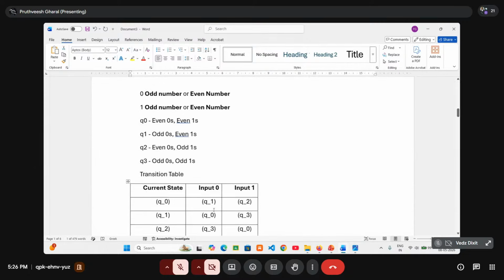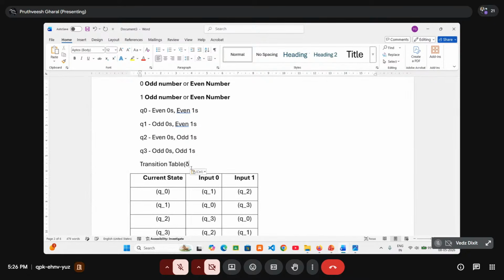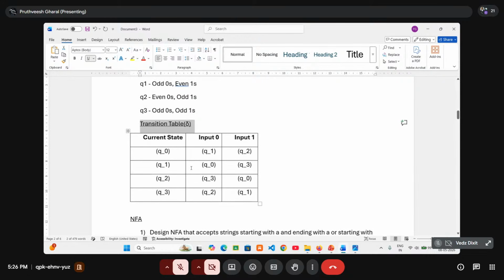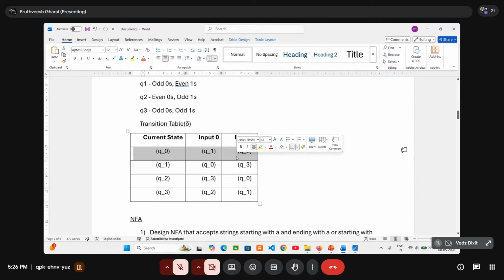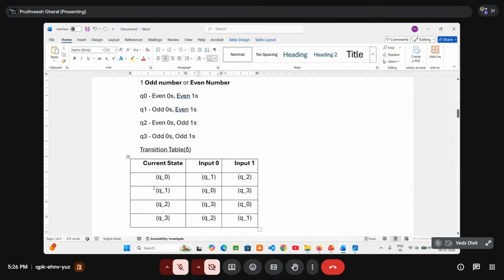So basically, whenever a DFA is in a Q state, it will look in this transition table and see which state it should move to next. If it is in state Q2, we had already discussed that there are even number of zeros and odd number of ones.